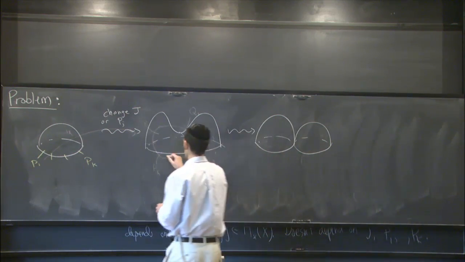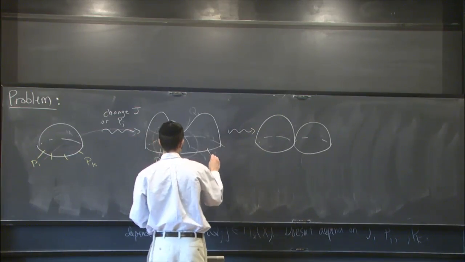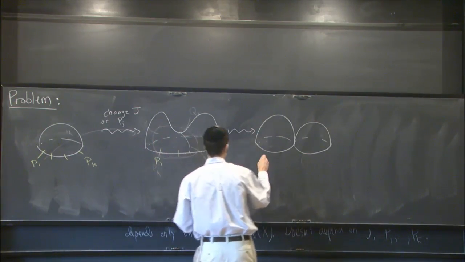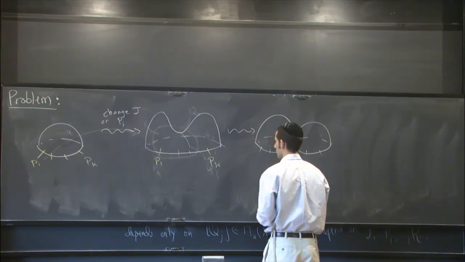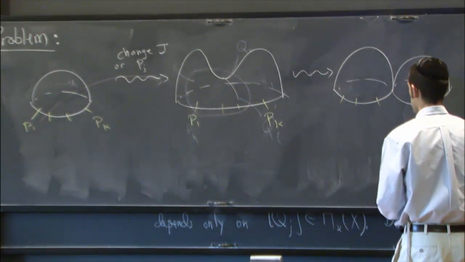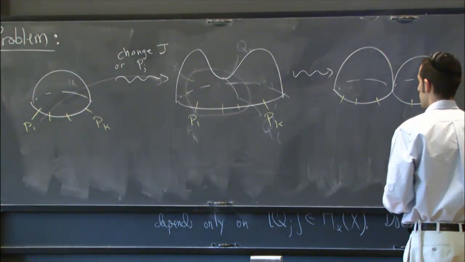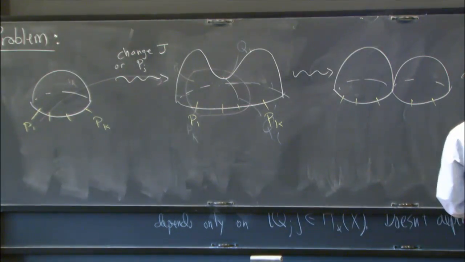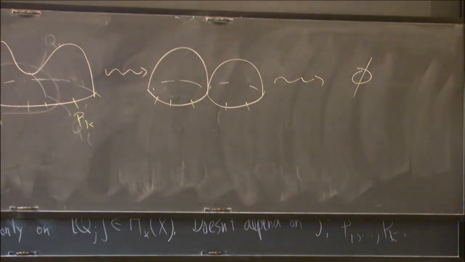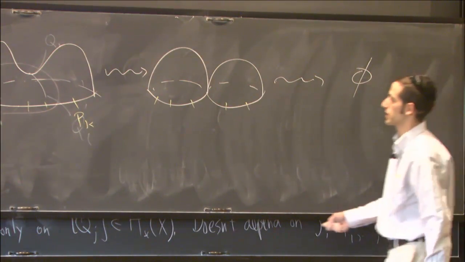And finally, it just disappears. And then you're counting 1, and afterwards you're counting 0, and therefore it is not invariant.